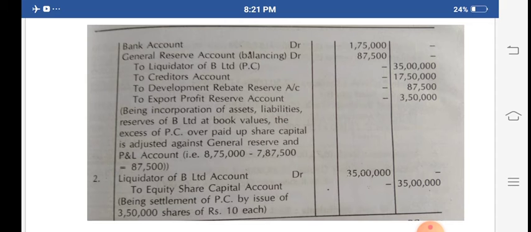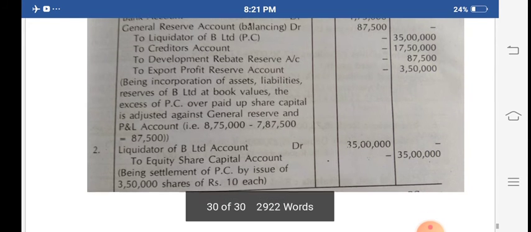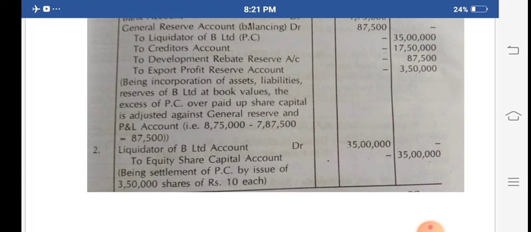It is nothing but 8 lakh 57,000 minus 7 lakh 87,500. The remaining amount is what? 87,500. You have to see this in the note, and you will understand. The next transaction is liquidators of B Limited, which is transaction number four. There is no need to pass the third transaction according to the format.